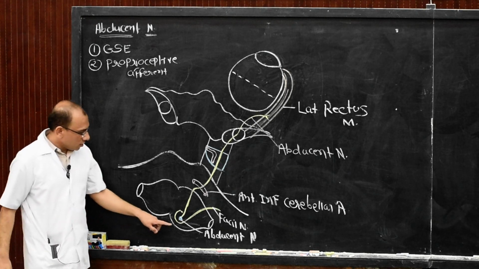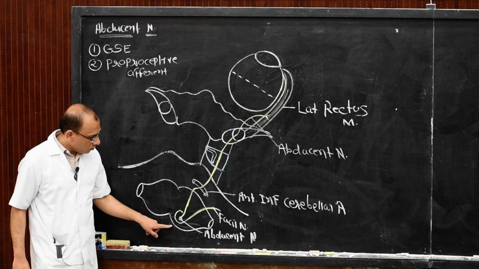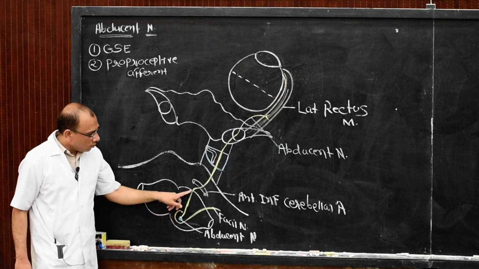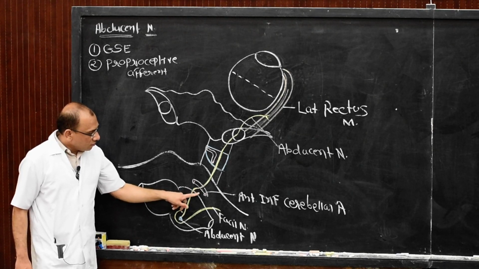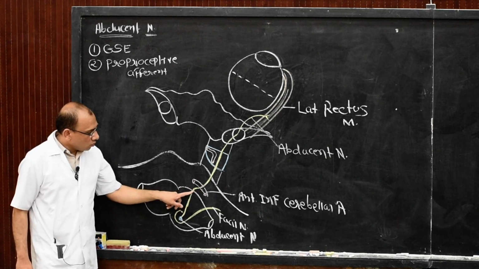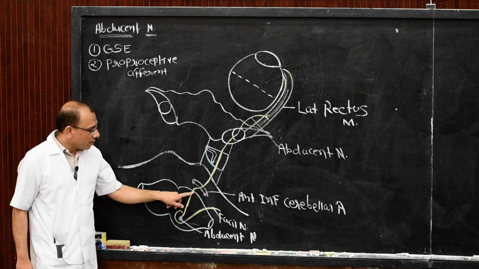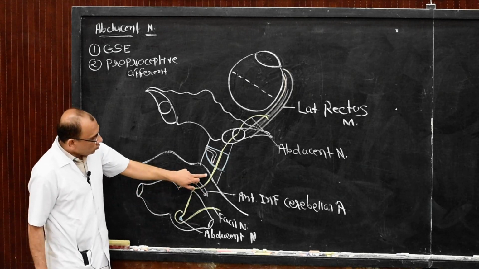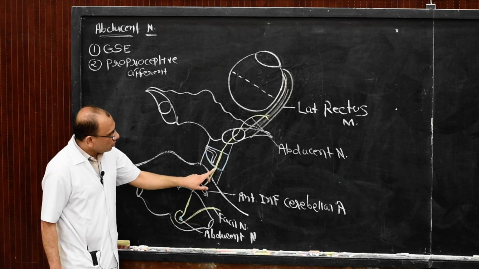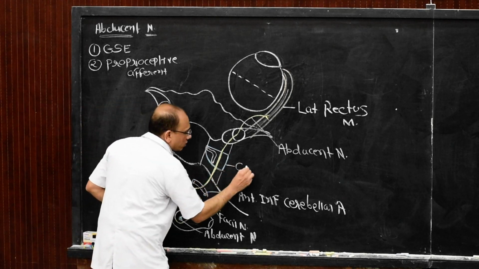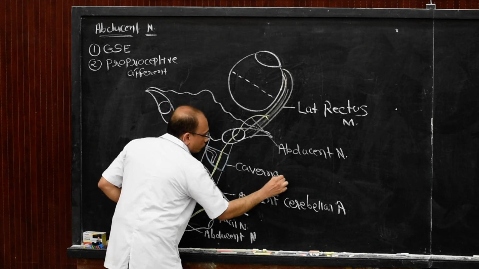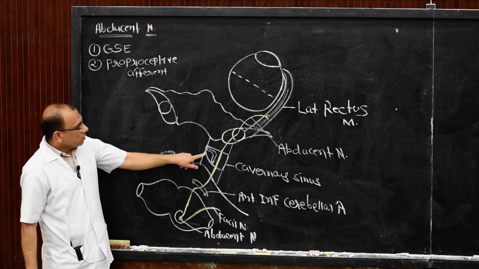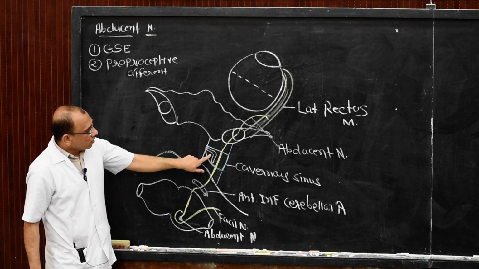The abducent nerve nucleus is situated at the facial colliculus at the floor of the fourth ventricle, and it travels through the pons to the lower border of the pons. It arises here: this is the superficial origin, the pontomedullary junction, between the lower border of the pons and the upper border of the pyramid of the medulla. Then it crosses the anterior inferior cerebellar artery, then the superior border of the petrous part of the temporal bone, and travels to the cavernous sinus along with the internal carotid artery.